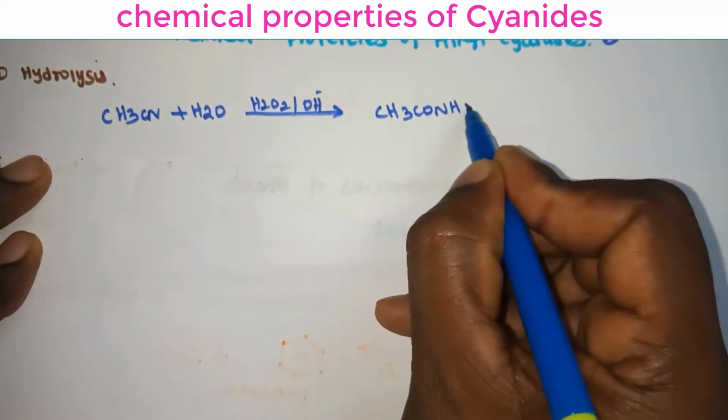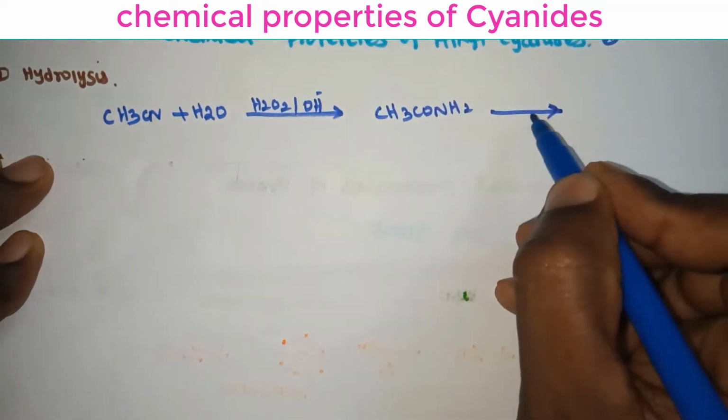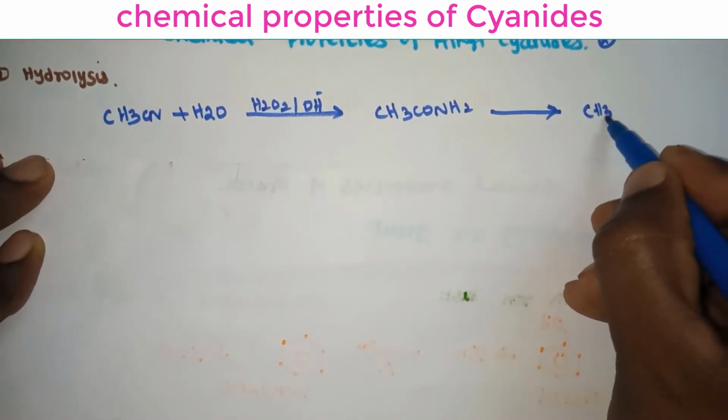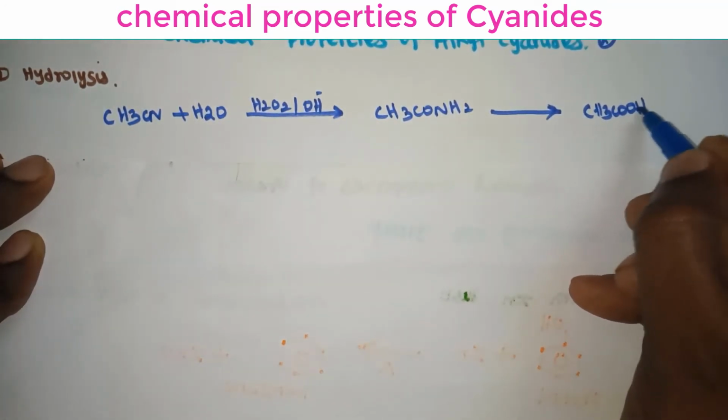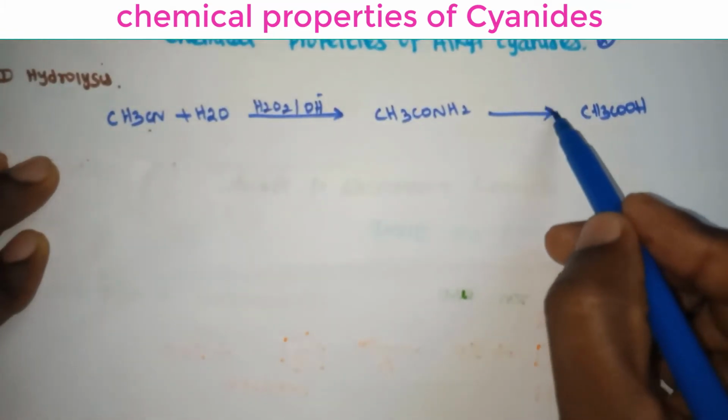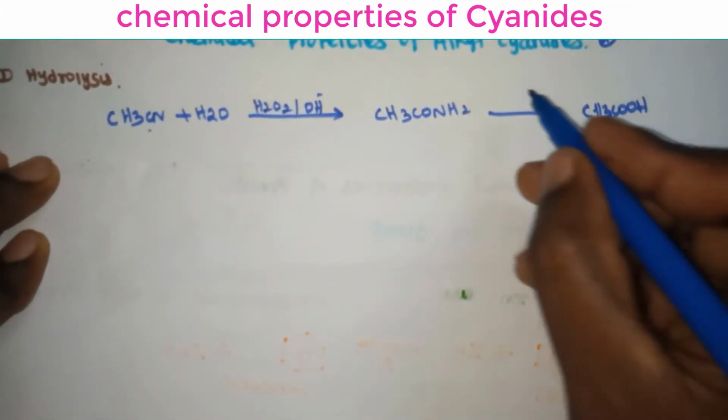This undergoes hydrolysis with water to form acetic acid, CH3COOH. The first step is the formation of amide, and the final step is the formation of carboxylic acid.